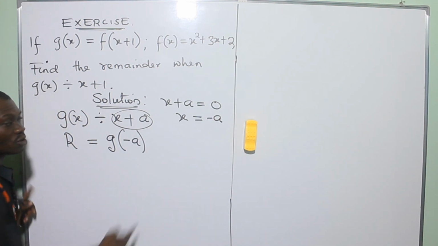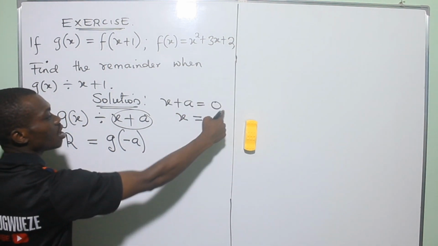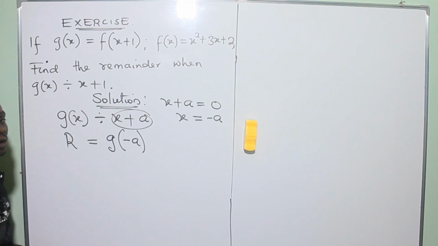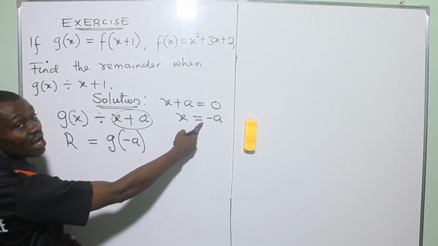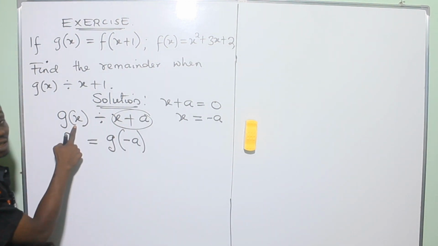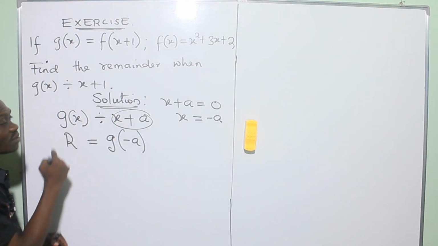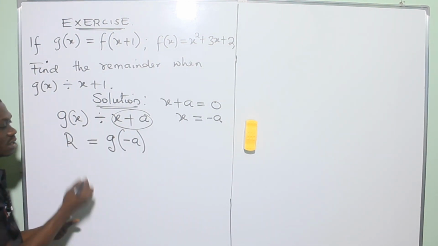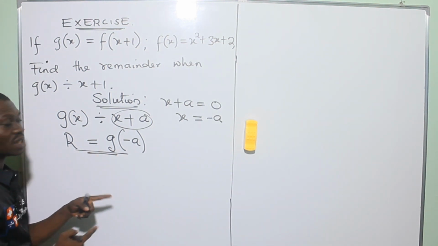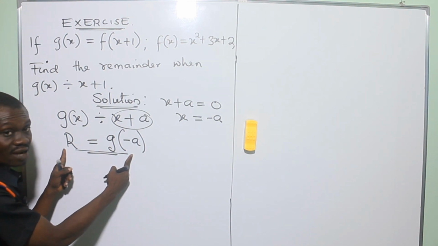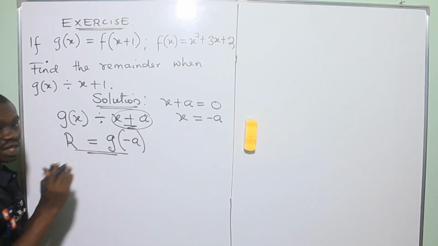If you make x the subject here, plus a will become negative a on the other side. And so, you substitute that value of x into the polynomial that is given to you, and whatever you get is your remainder. And so that's the remainder theorem. Factor theorem now says that if the remainder is 0, then the divisor is a factor.